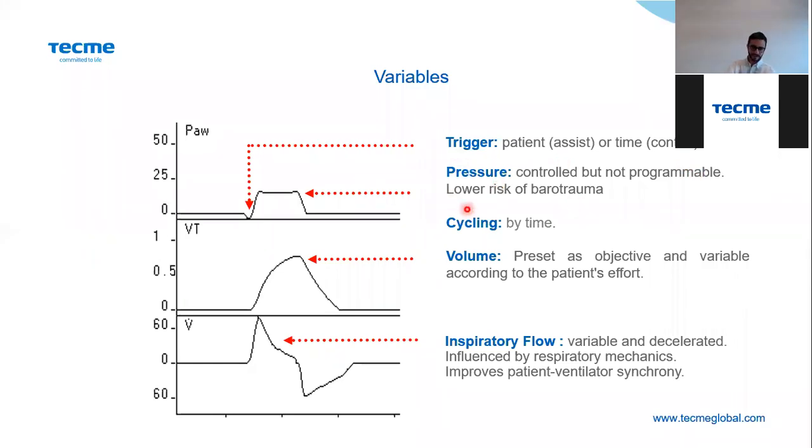However, you still have a lower risk of barotrauma because it's controlled. And the volume, especially the volume, is preset, because it's the target, and the inspiratory flow will be variable.